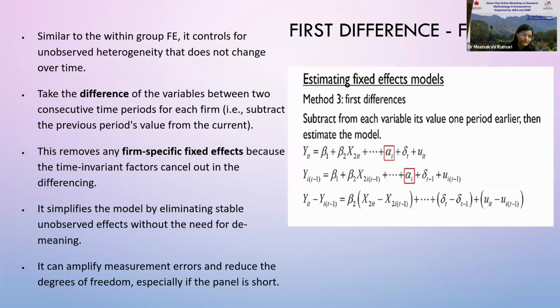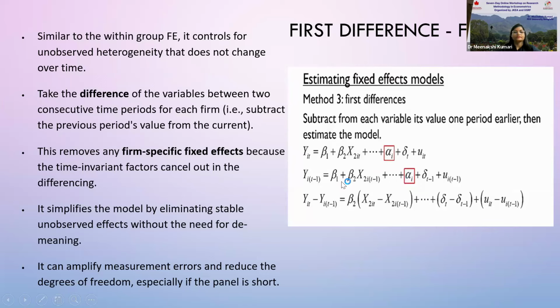The third is the first difference effect. In first difference, we take the lag of the previous values, every variable's lag, the previous value of y. One time we have the same model, yit equal to this one, which is equation 1. Equation 2 will not be the current period y values, but the previous period y value, previous period x values, and so on.